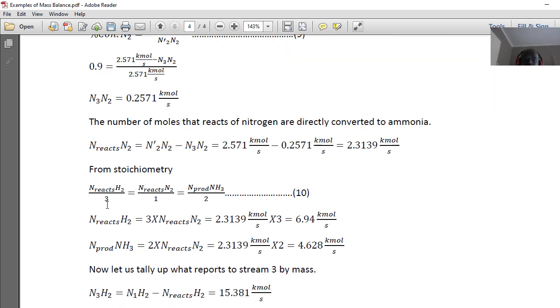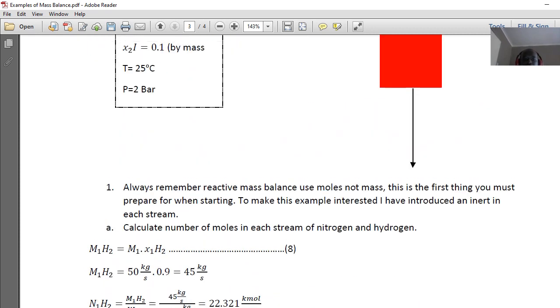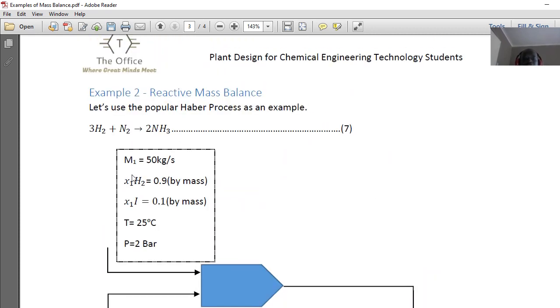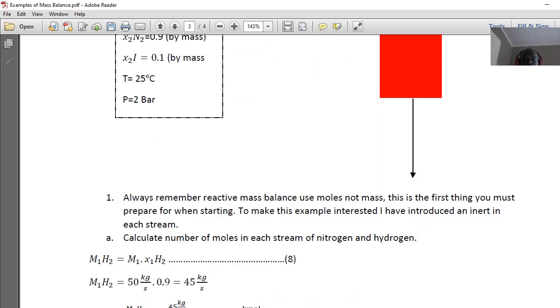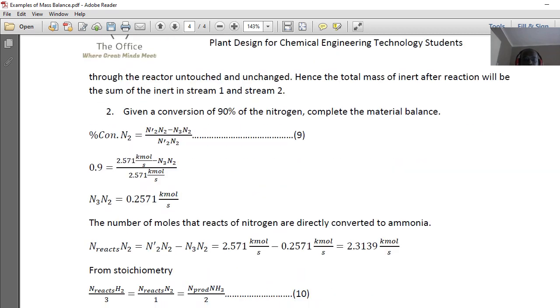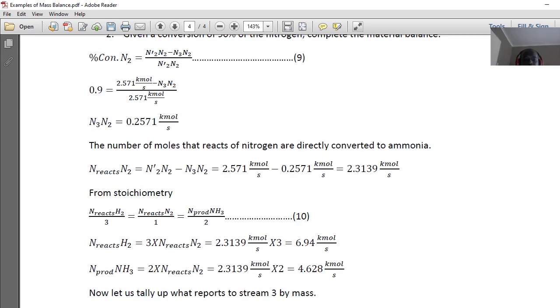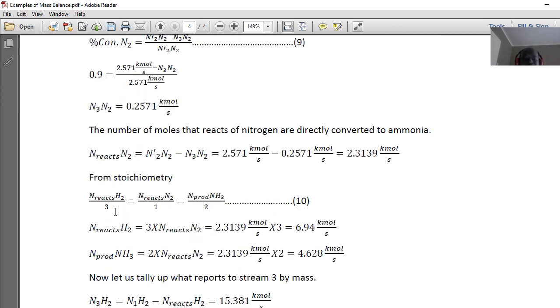Go back to your stoichiometric reaction there. Let's just take a quick peek at it again. 3H2 plus N2, 1 nitrogen gives you 2 ammonias. From that, we then say that N reacts hydrogen over 3 is equal to N reacts nitrogen over 1, which is equal to N produced ammonia over 2.